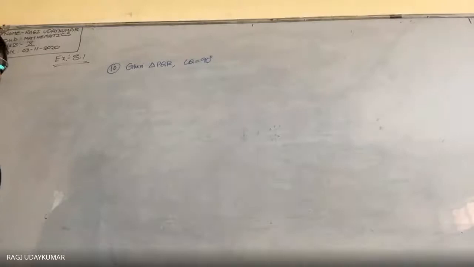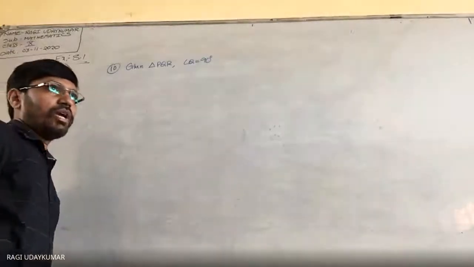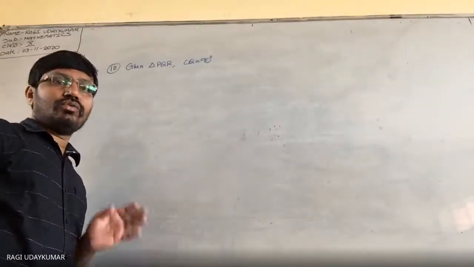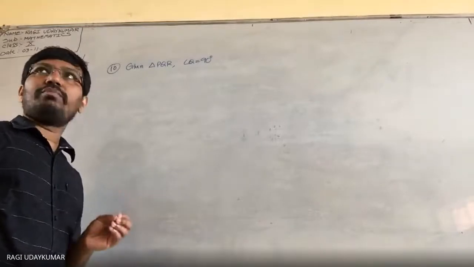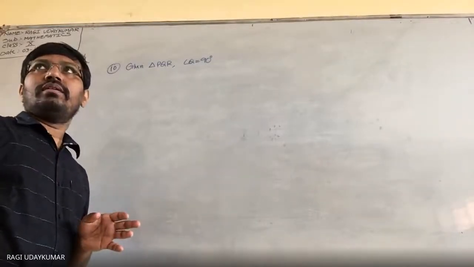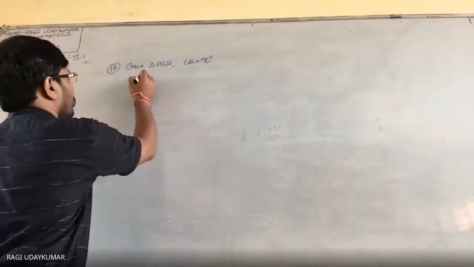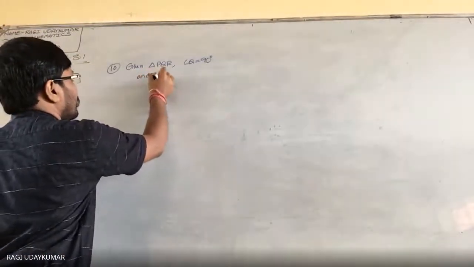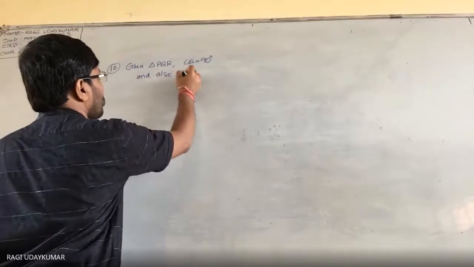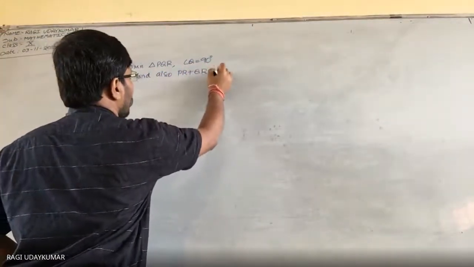And it is also given that PR plus QR is equal to 25.